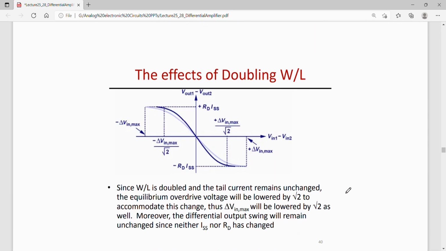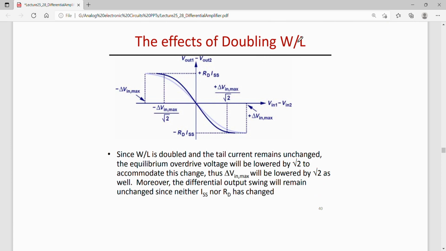Now let us say that the tail current remains the same, and the W by L of the transistors is doubled, right. So the tail current remains unchanged, okay, and W by L becomes 2 times W by L. So doubling W by L would also mean, since drain current is directly proportional to W by L, that the drain current will also increase.